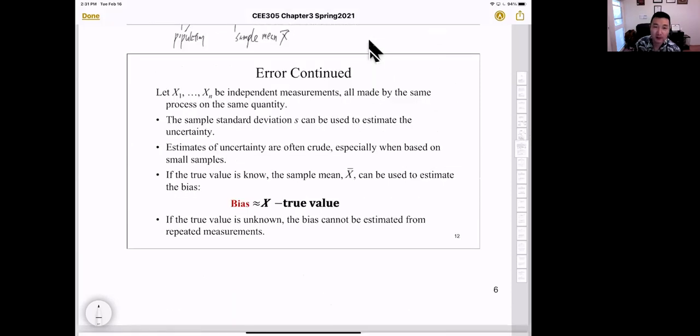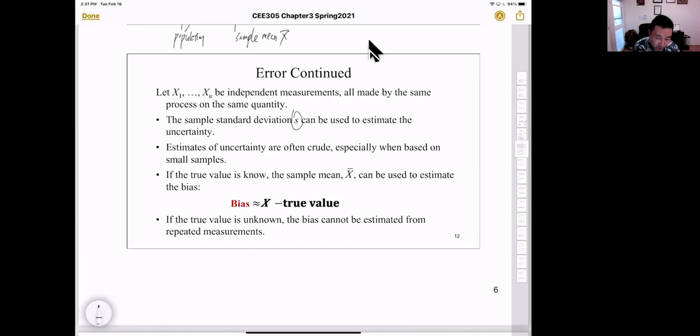So again, if we have n measurements which are independent, all made by the same process on the same quantity, then the sample standard deviation S can be used to estimate uncertainty. The estimation sometimes could be crude, especially when the sample size is small.